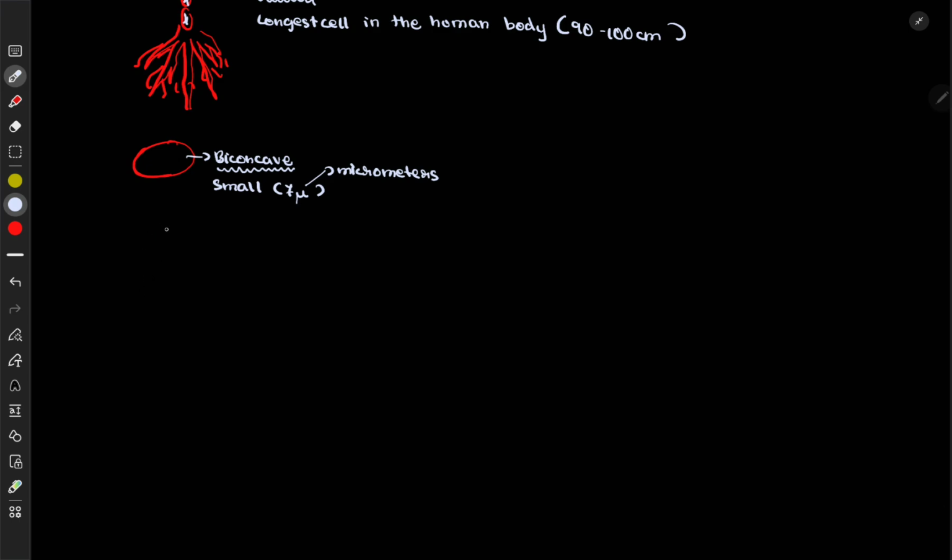And we have the sperm cells. They're basically the smallest.